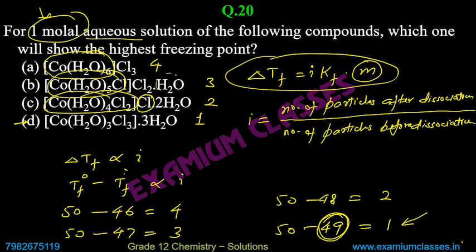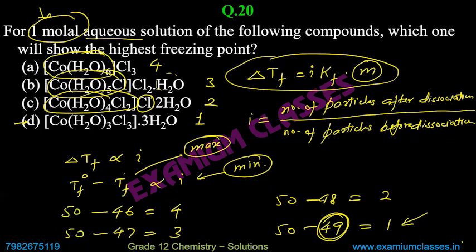TF will be maximum when i is minimum, or the other way around. To get i minimum, TF should be maximum. So you need to remember this. Instead of writing this much in such questions and getting the answer, you need to remember just one statement.